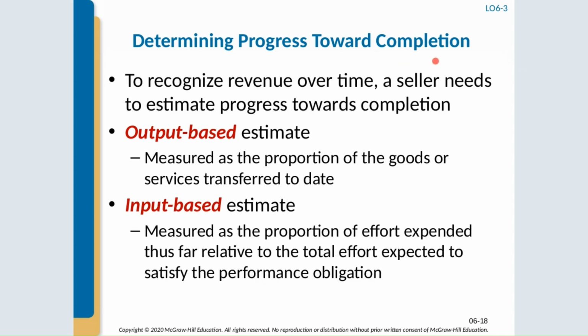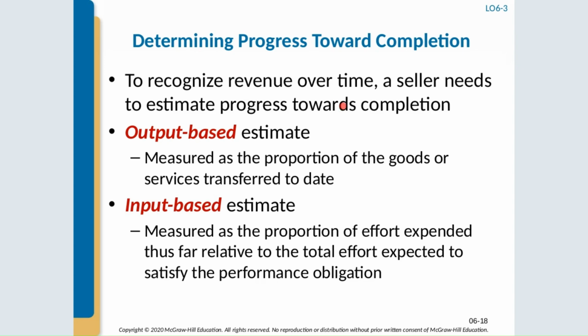In terms of assessing when completion has taken place, especially if we are gradually recognizing the revenue, there's two ways to do this. One is output based. And you'll see this when we talk about percentage of completion, the output and input based.